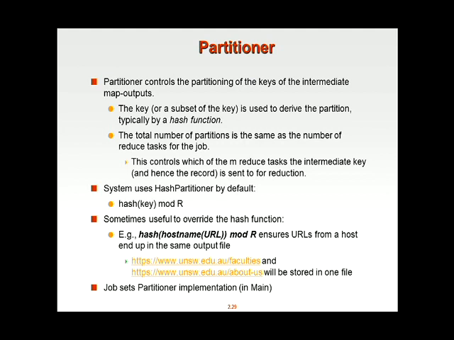I forgot to mention one thing. If you use one reducer, you will have just one output file in HDFS. But if you have more reducers, each reducer will generate one output file in HDFS. For example, if you have 3 reducers for word count, the word frequencies will be stored in 3 separate files on HDFS.